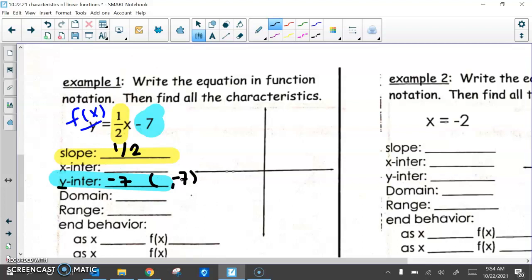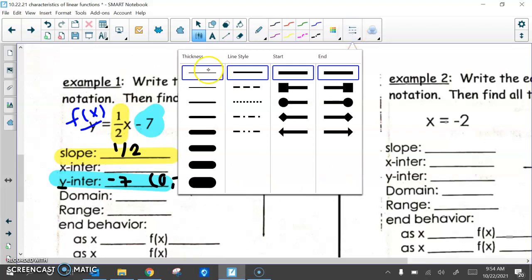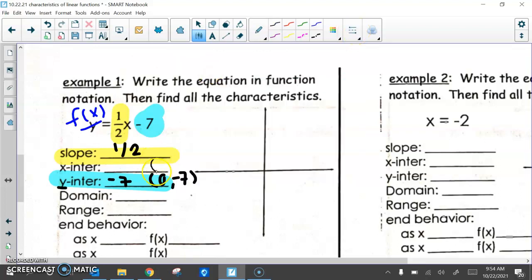And then what goes in the x space? 0. For an x-intercept, the x is where the number is going to go, and 0 is going to go for the y. So we will figure out this x-intercept later on. It's going to take a little bit more work.